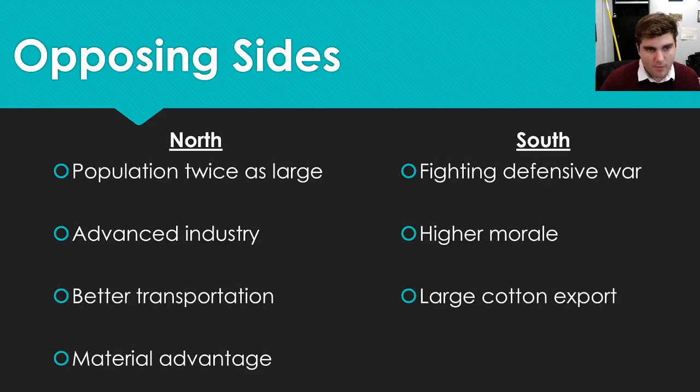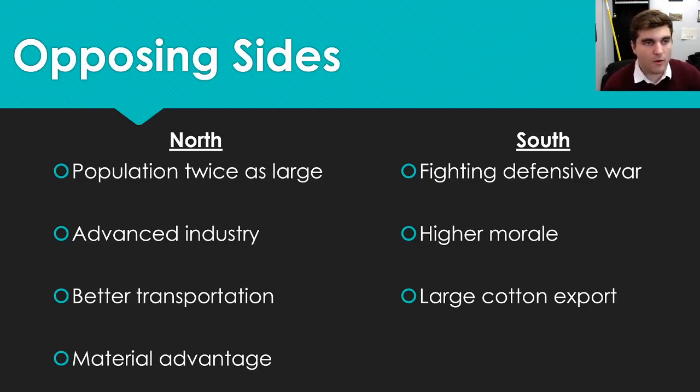When you have an economy built on trade and industry, generally you will have a pretty sophisticated transportation system, which they did. They also had a material advantage: because of the industrial system, they had broader access to supplies, broader access to transportation, and more materials. So even if it comes down to making bandages or making uniforms, things like that, the North had an advantage there.